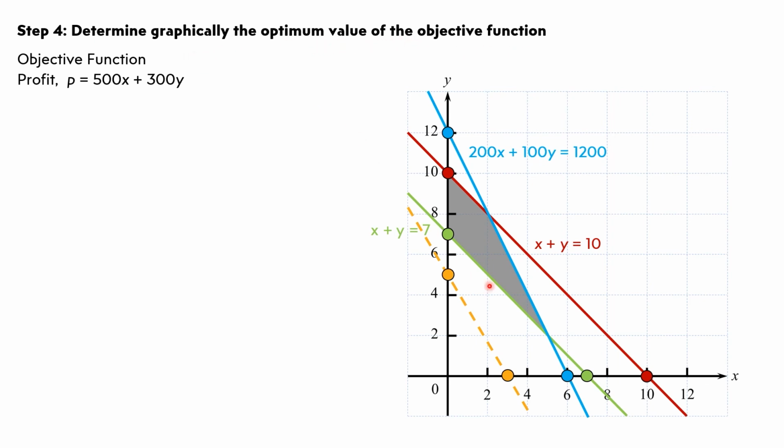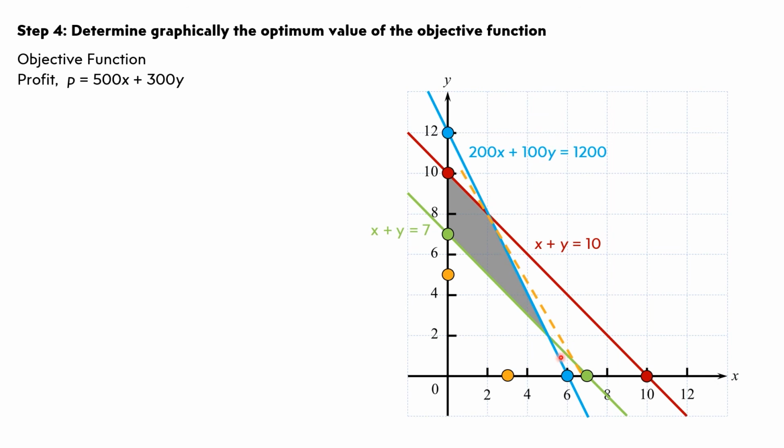We will move this objective function line towards the edge or border of the shaded region as far as we can go. Pay close attention to this line. As I move this line, here is the edge of the shaded region.